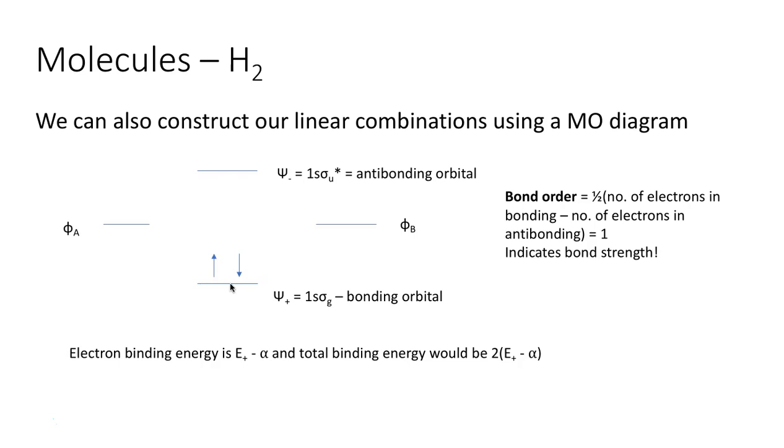And then the last point from these diagrams, we have 2 electrons occupying that state. We have an energy of that state. The binding energy is that energy, and here I have not included the expectation values, but this is the energy of the plus state minus alpha, our Coulomb integral. And remember, our Coulomb integrals were the ionic contribution, so they were the Hamiltonian of 1sA, 1sA, or the Hamiltonian of 1sB, 1sB.